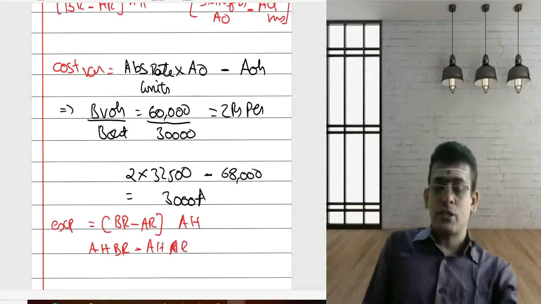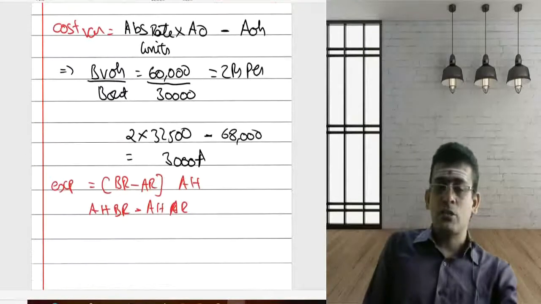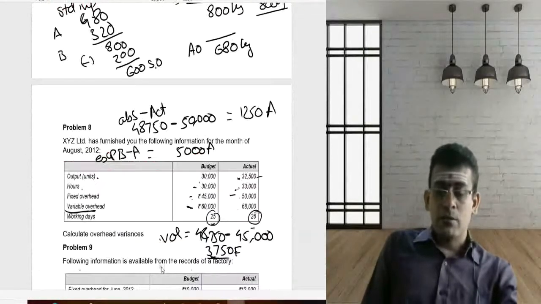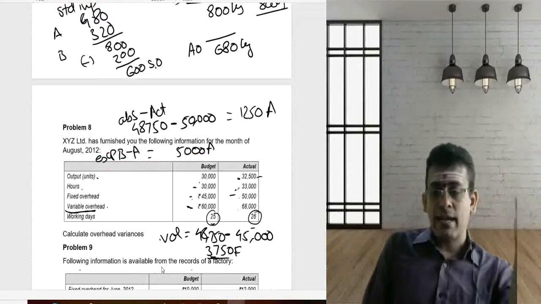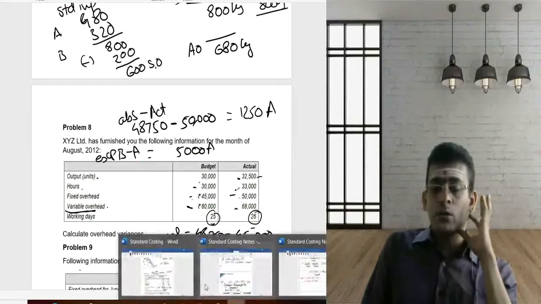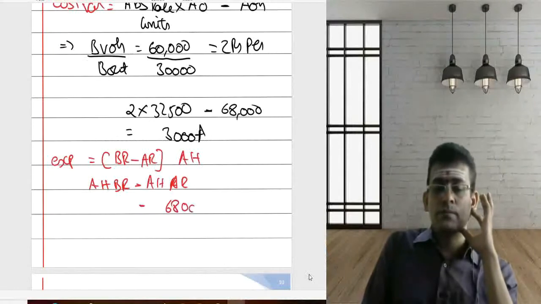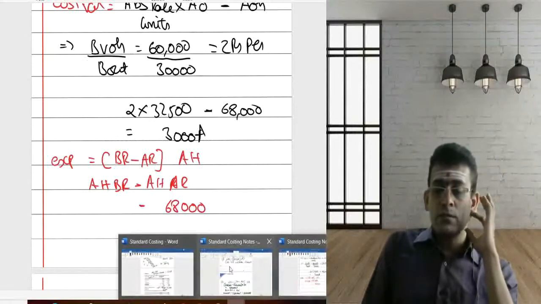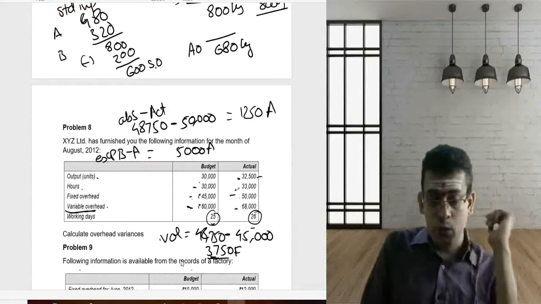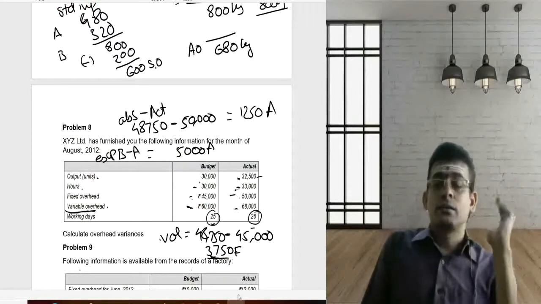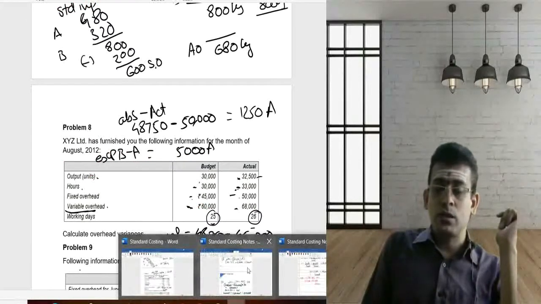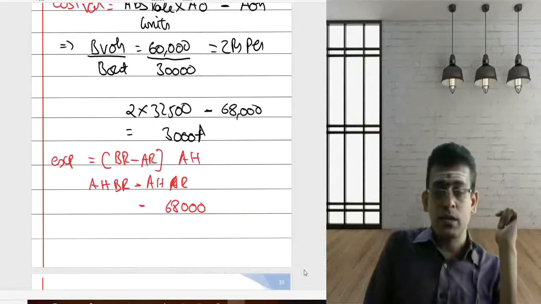Why are we doing this? Because actual hours into actual rate we know. Actual hours into actual rate is nothing but your actual variable overhead, 68,000. So directly I can consider this part as 68,000. What is your actual hours? The actual hours given in the problem is 33,000. So you are working for 33,000 hours. So actual hours is going to be 33,000.